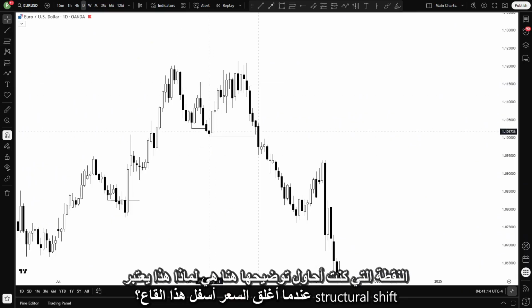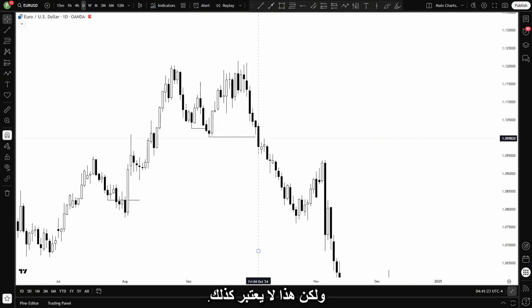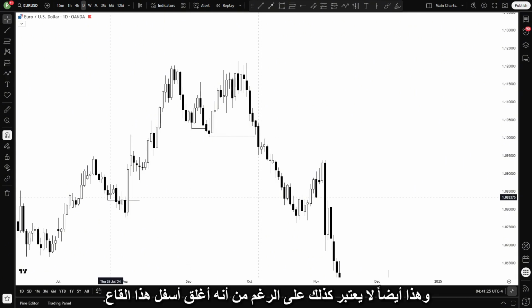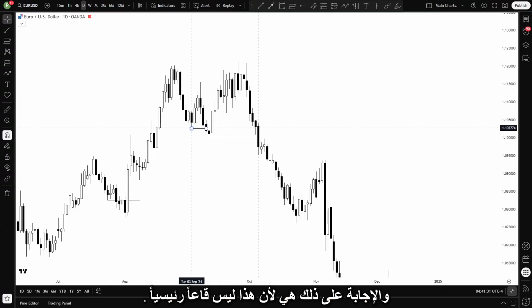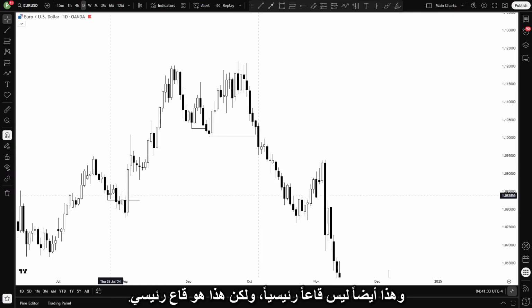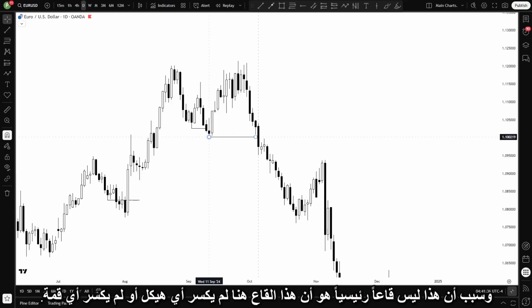The point I was trying to make here is why is this a valid structural shift when price closed below this low, but this one isn't, this one also isn't even though it closed below this low? And the answer to that is because this is not a key low, this is also not a key low, but this is a key low.